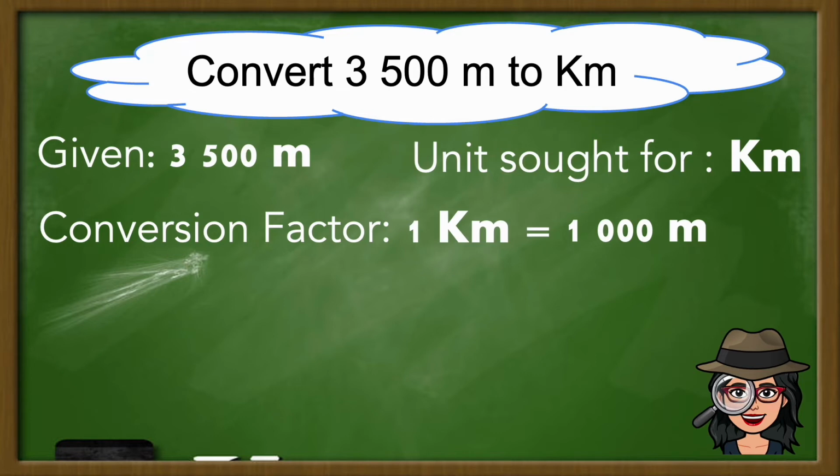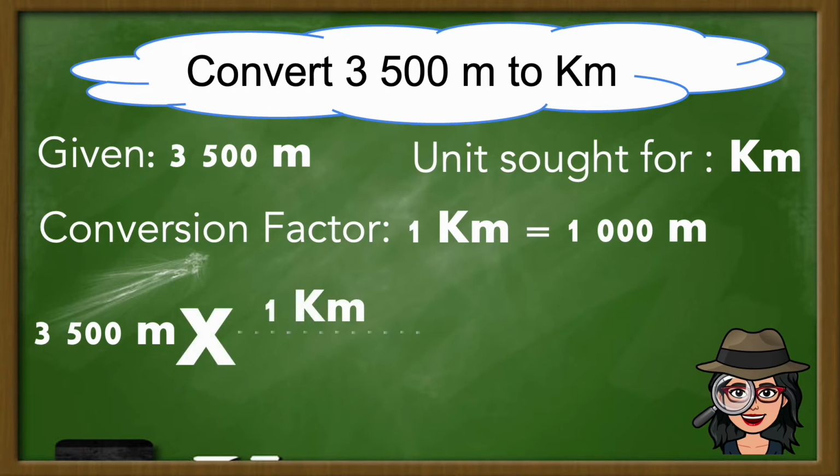Now, I want you to observe the equation that we will be using and tell me what difference you have observed compared to our previous example. Alright, let's proceed. 3,500 meters multiplied by 1 kilometer divided by 1,000 meters.